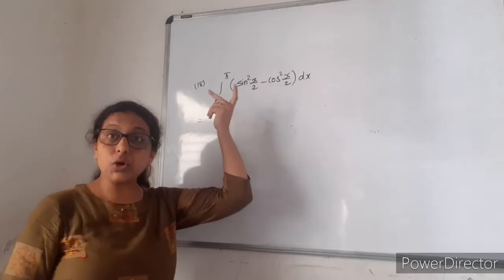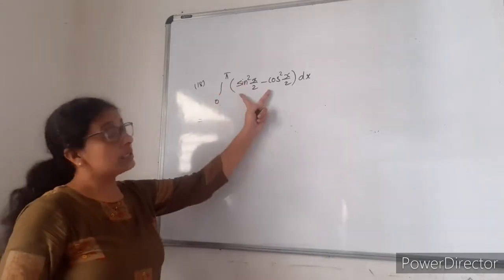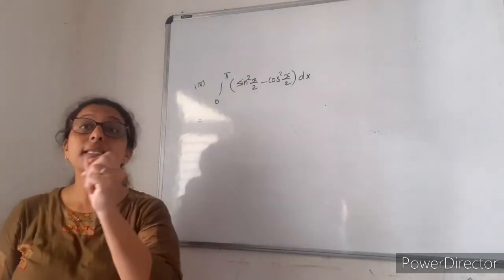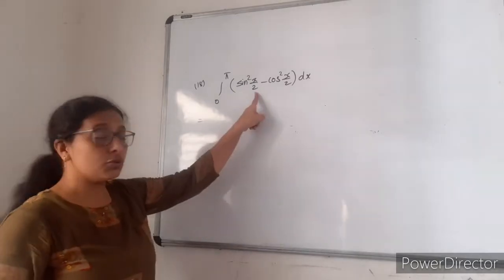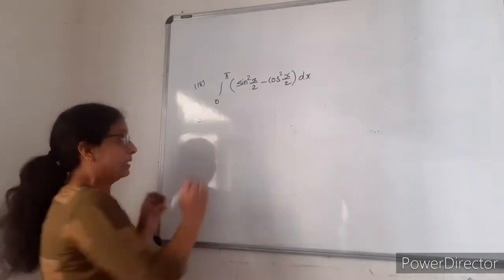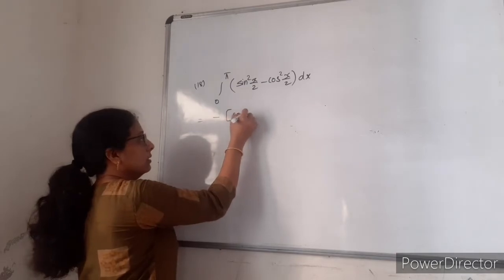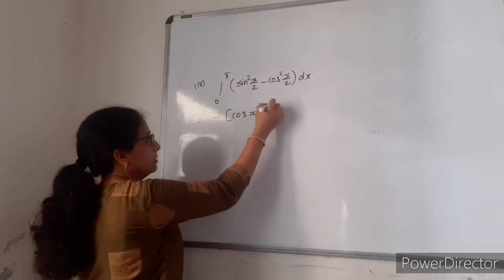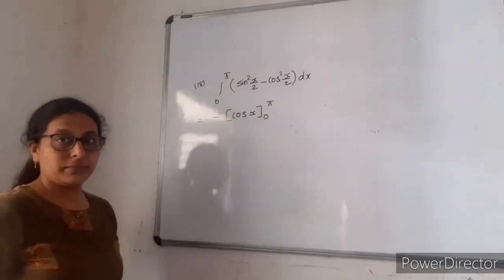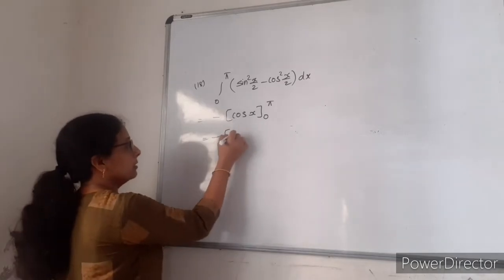So take minus common. Therefore, this is the formula of minus cos x. It is x by 2, so we will take x. So minus cos x from 0 to pi. Then apply the limit.